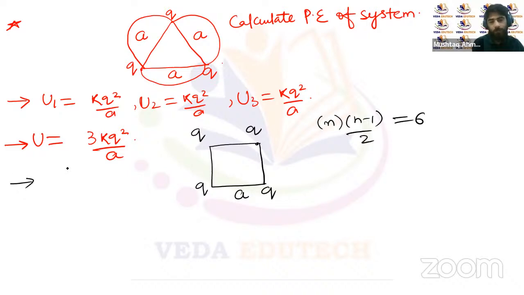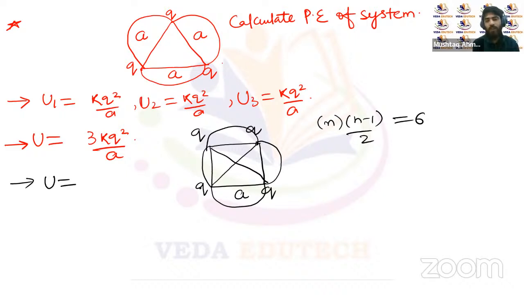It will be the potential energy between this charge and this charge, between these two, between these two, and also between these two, and the potential energy between the 2 charges at the diagonally opposite corners. So we'll have 6 terms like this.